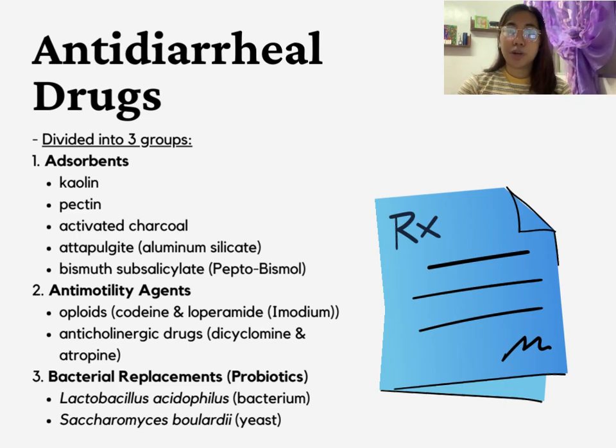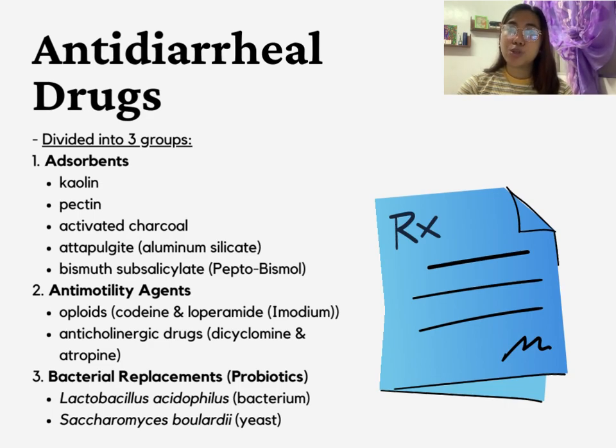Examples of adsorbents used in the treatment of diarrhea include kaolin, pectin, activated charcoal, attapulgite or aluminum silicate, and bismuth subsalicylate or Pepto-Bismol.